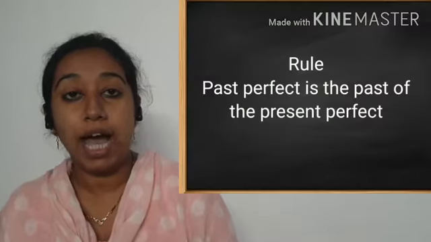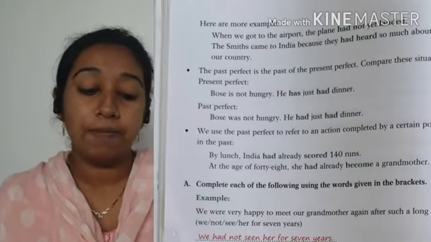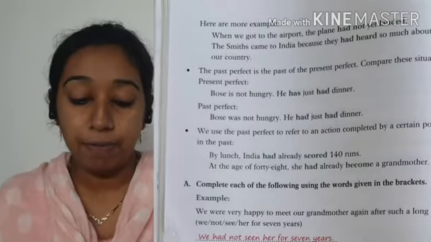The past perfect is the past of the present perfect. In the present perfect, we use has if it is singular, he has completed. If it is plural, they have completed. The example from your textbook: Bose is not hungry. He has just had dinner.